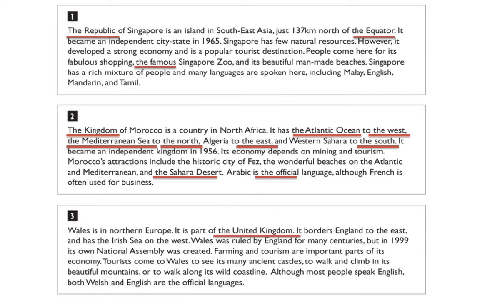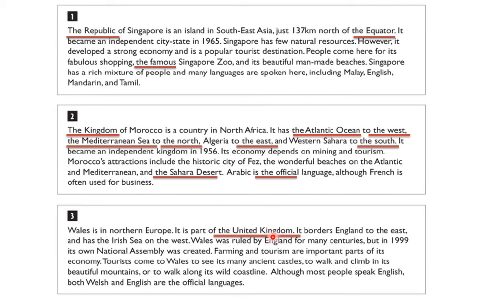The United Kingdom. Most countries should not come with "the", but some countries which are a group of countries, kingdoms, or states should start with "the". For example, the United Kingdom.